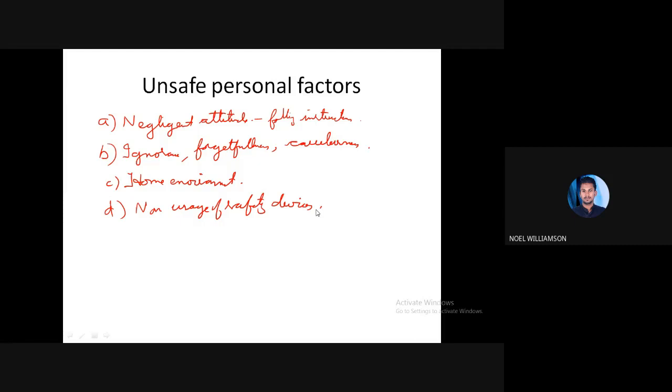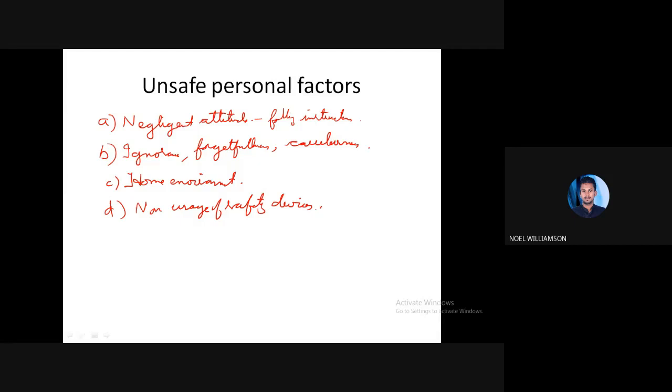In the same way, we have plenty of safety devices available. We have already seen the personal protective devices and all. Once they are used, we can prevent or reduce the causes of accidents.